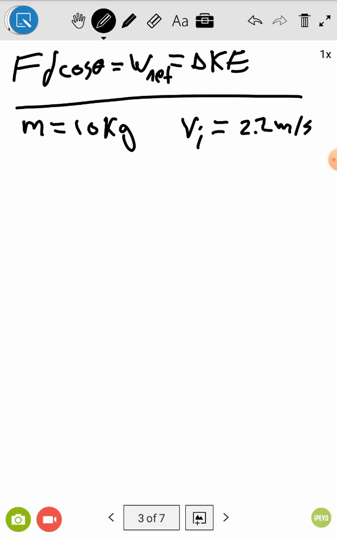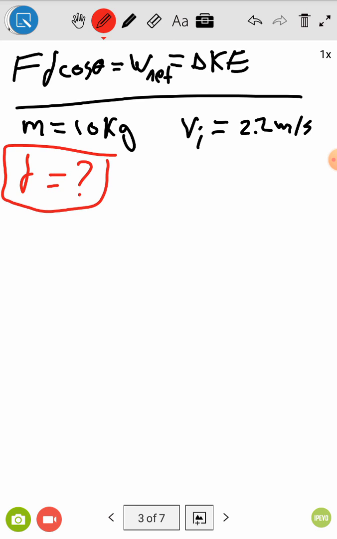How far does the sled move? That means the question asks about d. How far does the sled move until it stops? That means v final equals 0. And the coefficient of kinetic friction is 0.1.